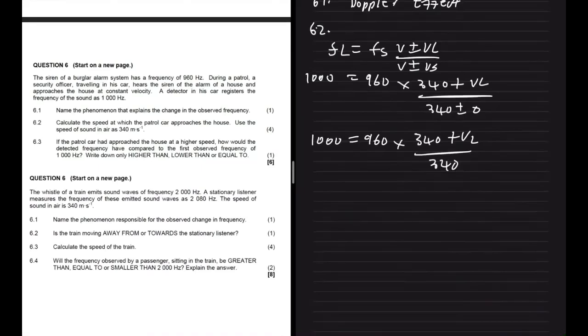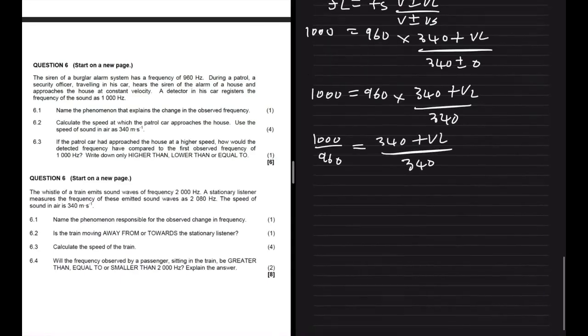I'm going to divide both sides by 960, so we have 1000 divided by 960 equals 340 plus VL divided by 340. We cross multiply, so we have 340,000 equals 960 multiplied by 340 plus 960 multiplied by VL.